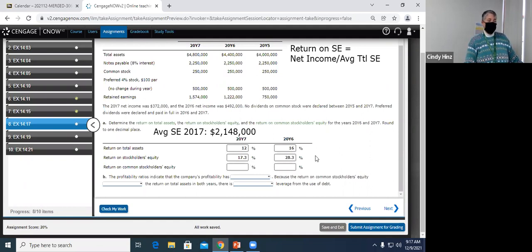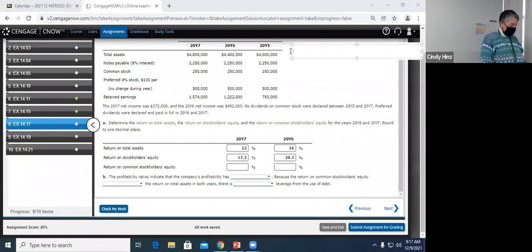And so just like with return on total assets, we would look at this and say, yeah, they were doing better last year than this year. For the last one for this exercise, return on common stockholders' equity, I'm going to put the formula on the screen as I have been doing.